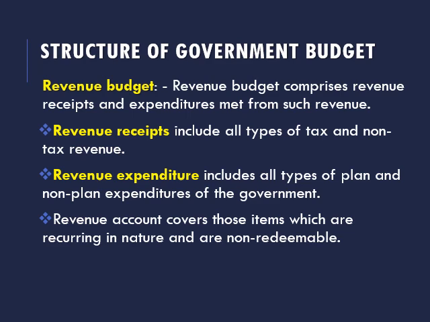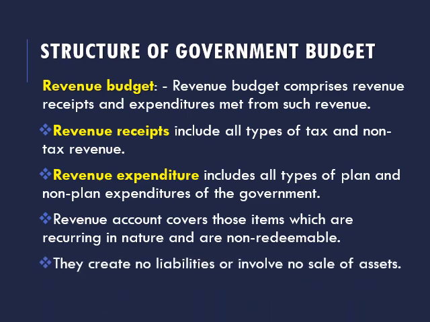So it includes those parts, and they create neither liability nor sale of assets. Okay, so in this budget, no liability occurs and no reduction in assets, because in this budget we are making some expenses on planned and unplanned items, which never create any assets for us, and neither do they reduce any liability for us. Revenue receipts are collected from tax sources and non-tax sources. So we'll discuss that part.